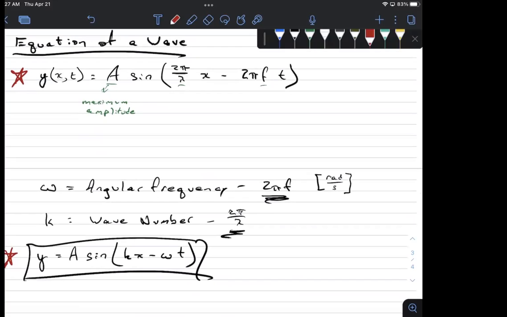I learned the bottom one, and I just know k and omega as well, because the bottom one's easier to write. kx minus omega t is in my brain. Or you can learn the top one if you don't mind having the 2 pi's in your equation everywhere. So those are the big equations we need to know for this theoretical part of light.